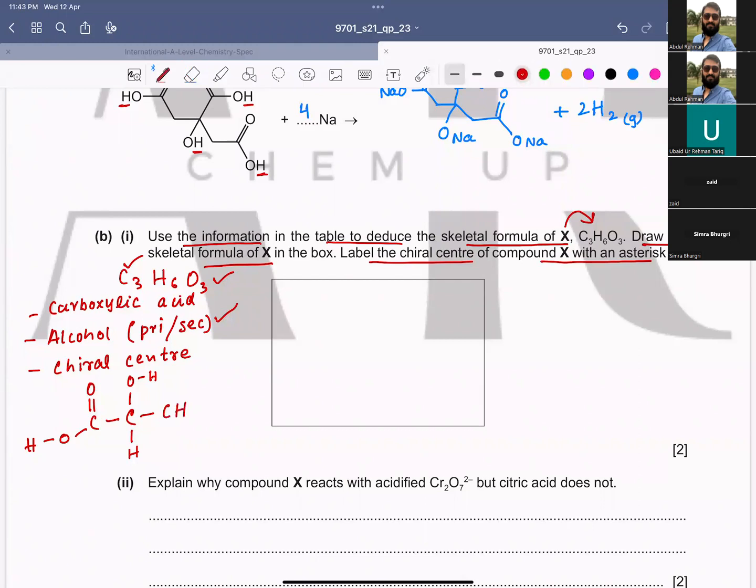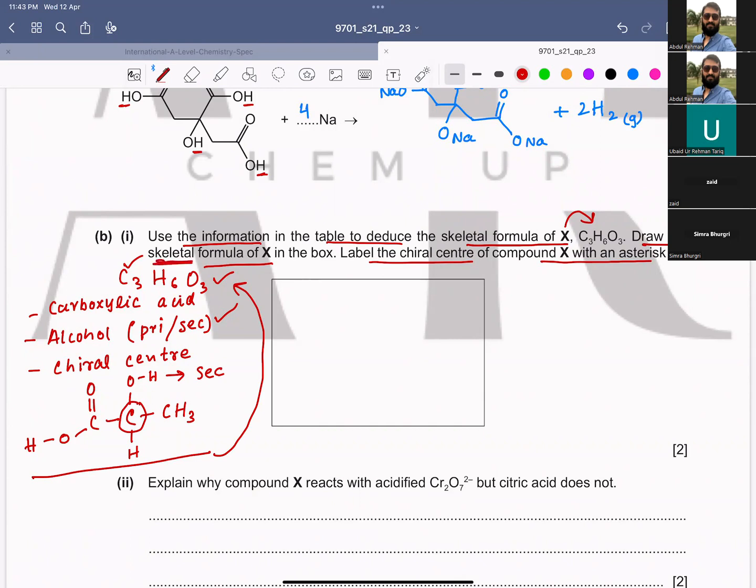So if I make three hydrogens over here, this carbon becomes a chiral carbon. We have a secondary alcohol as well, and we have a carboxylic acid. And if you count the atoms, you will end up getting this formula. Is this clear? But I have to show the skeletal formula over here as the examiner said.